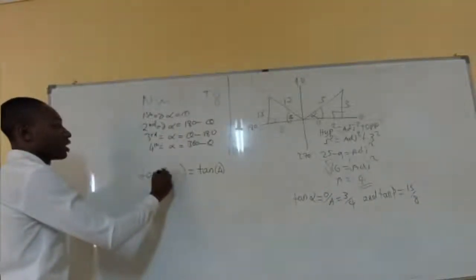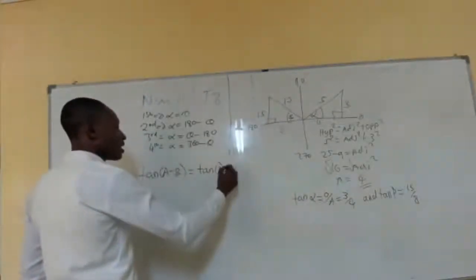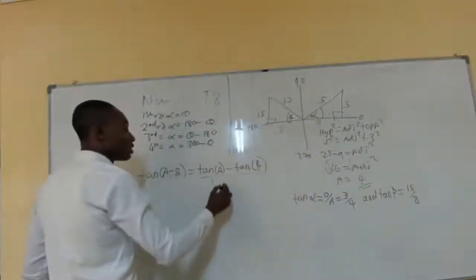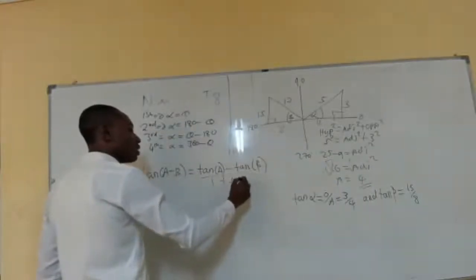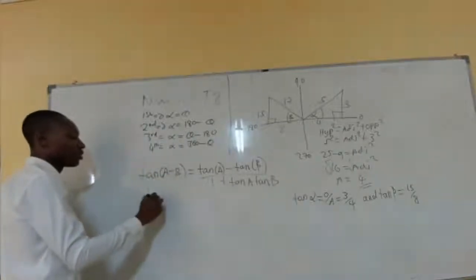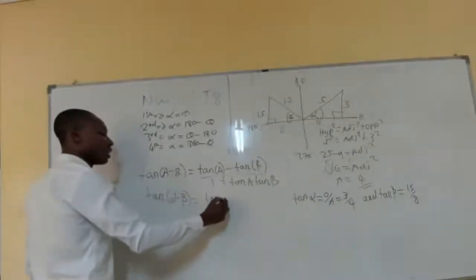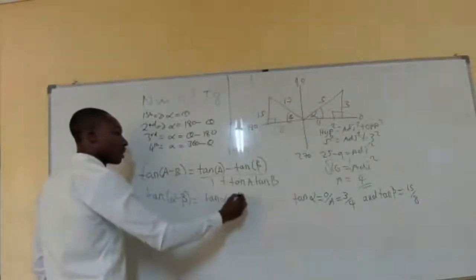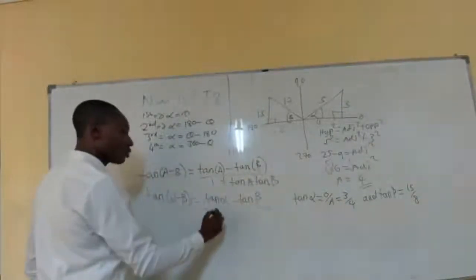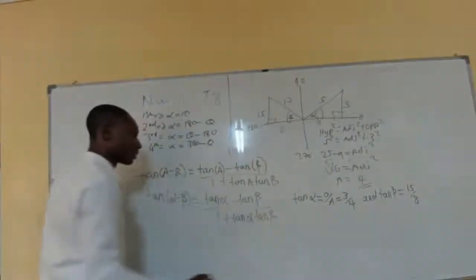Let's refer back to the formula: tan A minus tan B, over 1 plus tan A tan B. Now we're looking for tan alpha minus beta, which is tan alpha minus tan beta over 1 plus tan alpha tan beta.